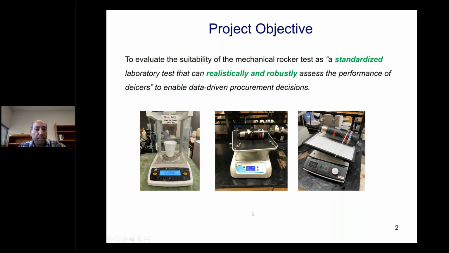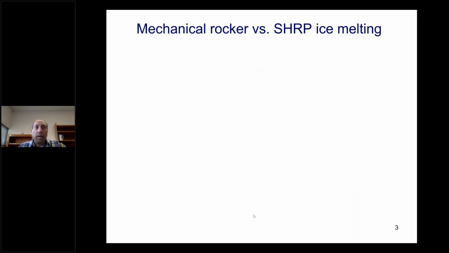As you know, there is another test which is very common in the market, which is SHRP. So first, we want to compare the mechanical rocker test as a new method to SHRP to see what are the advantages and disadvantages of this method.